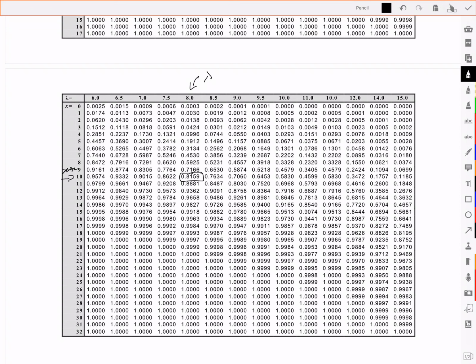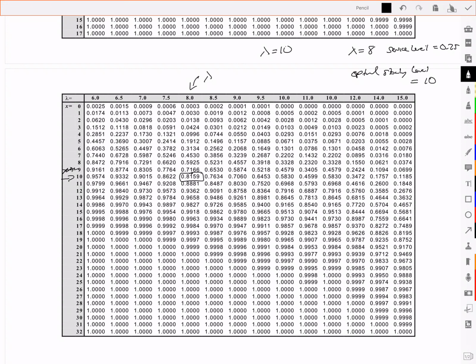Okay, so if lambda was 8 and our service level was 0.75, then the optimal stocking level would be, we would have 10 units on hand. So on average, we're going to need 8 units of inventory, but to make sure we have enough, we're going to have 10.